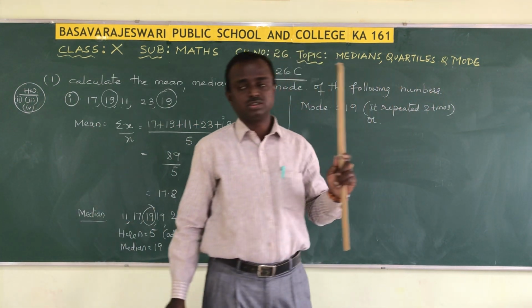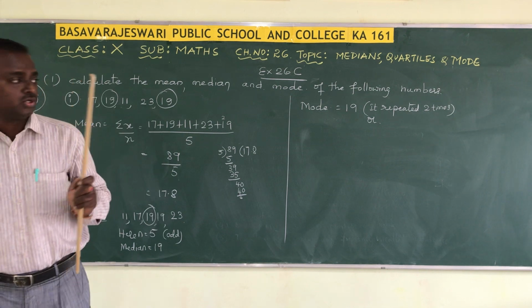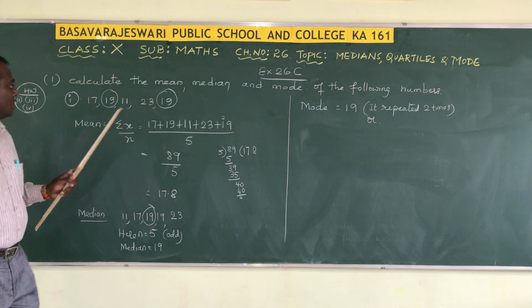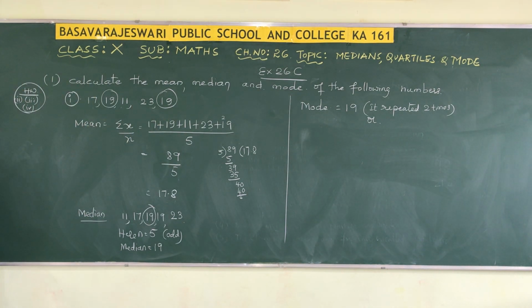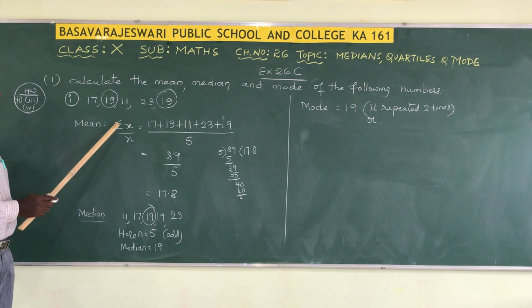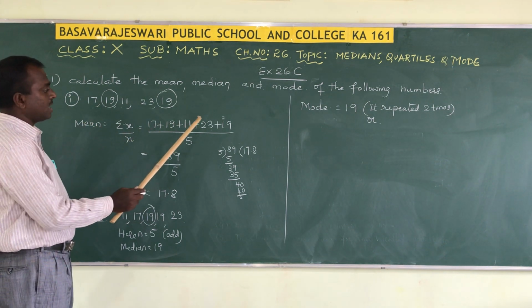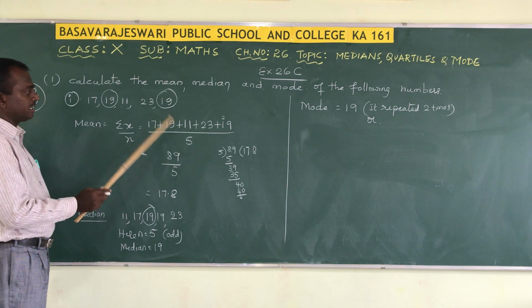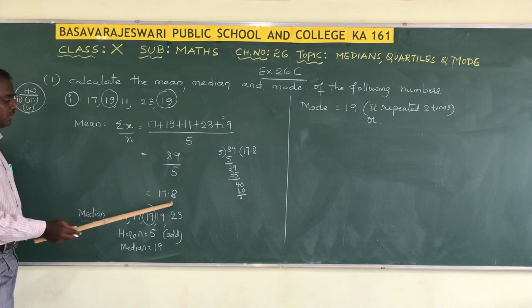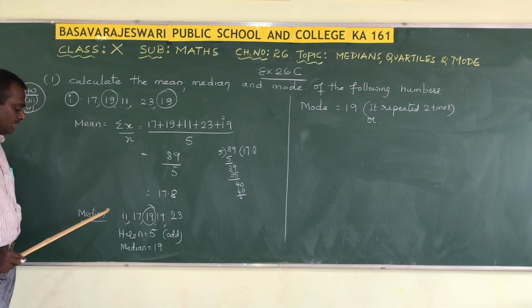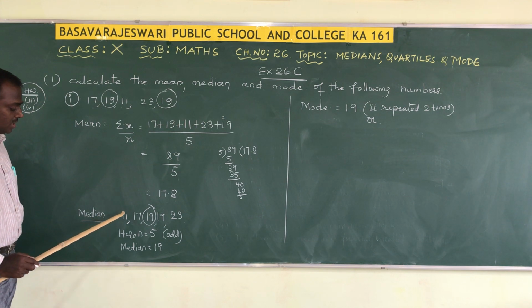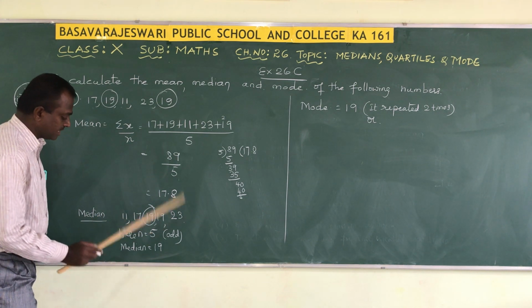So the most observed value we have to take. To recap: first I calculated the mean using the formula sigma x by n, adding all the scores and dividing by the number of scores, and got 17.8. Next, the median you find by arranging the data in ascending order.